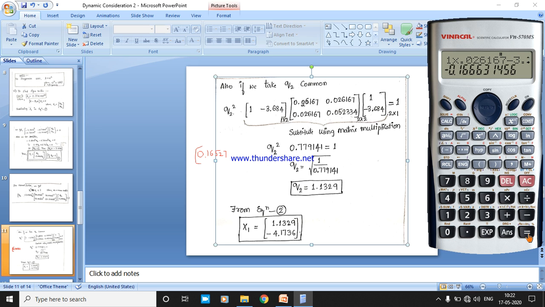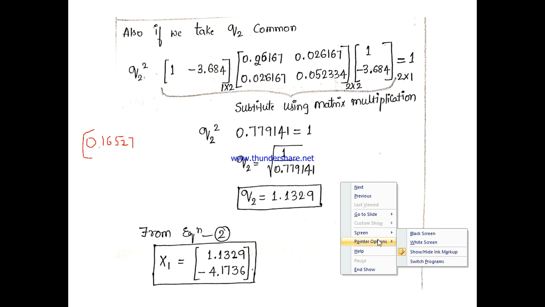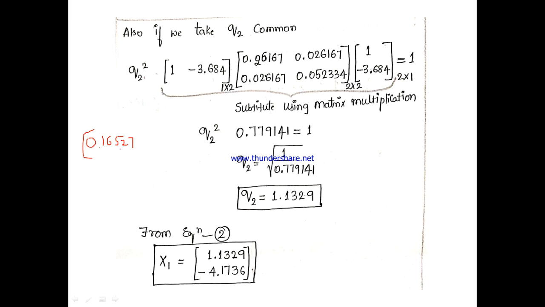Minus 0.1666314. Okay, so I got minus 0.16663. So now I got what matrix?